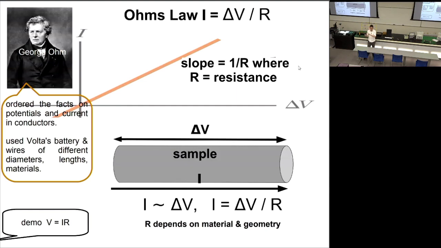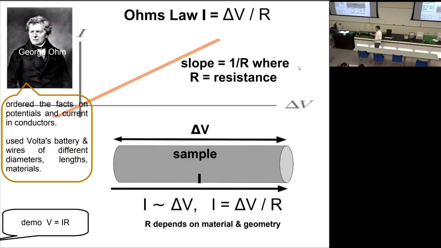If something has a small resistance, which means it doesn't resist current flow much, then you apply that potential and you'll get a lot of current. That's why resistance is in the denominator in this equation for the current due to an applied voltage.